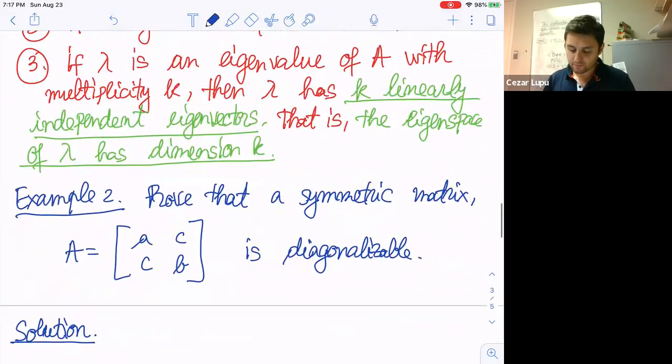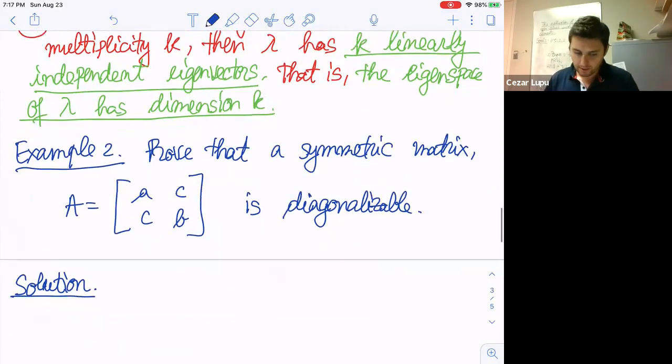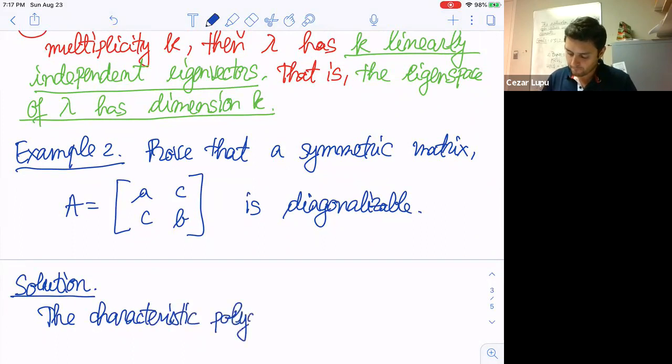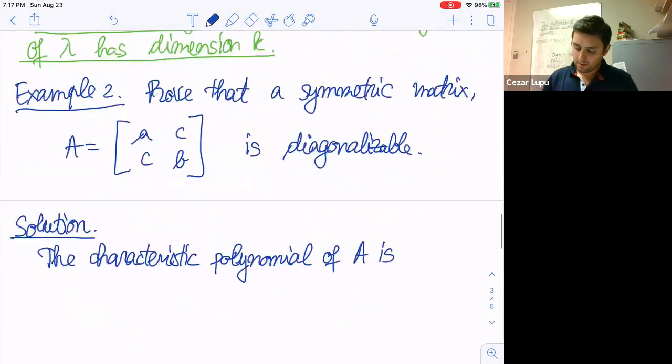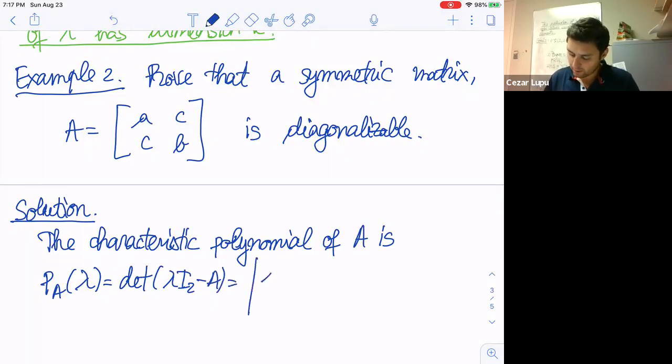We want to find the eigenvalues of A. So the characteristic polynomial of A is the determinant of lambda times the identity minus A, and this will be nothing else than the determinant of lambda minus a, minus c, minus c, lambda minus b.